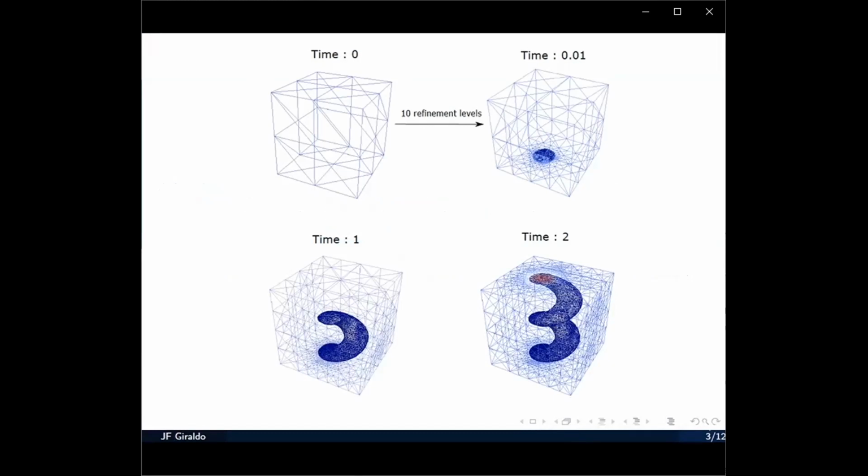Now with this error estimator, we obtain an adaptive refinement at every discrete level for each time step until we reduce the error in the space until the point that we consider enough. So in this case, for instance, we have 10 levels of refinement from the time step 0 to the time step 1, and then we project this solution to the next time step and repeat this process until finish.